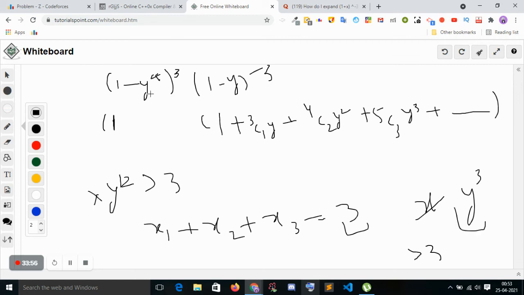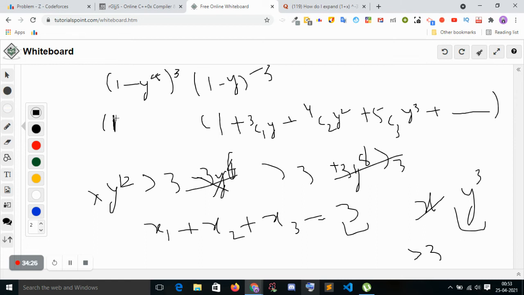Again 3a square b, that is 3 into y to the power 4, and 4 is greater than 3, so it will not affect, so I will leave it. And for the 3ab square term, y to the power becomes 8, which is more than 3, so I will discard this out.